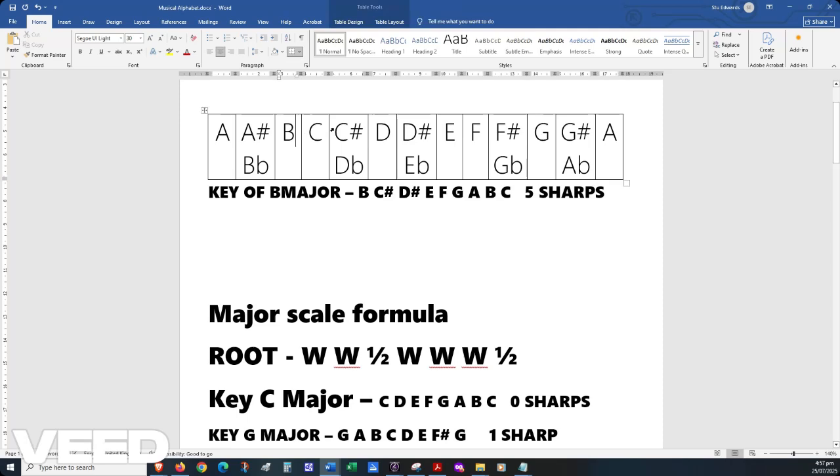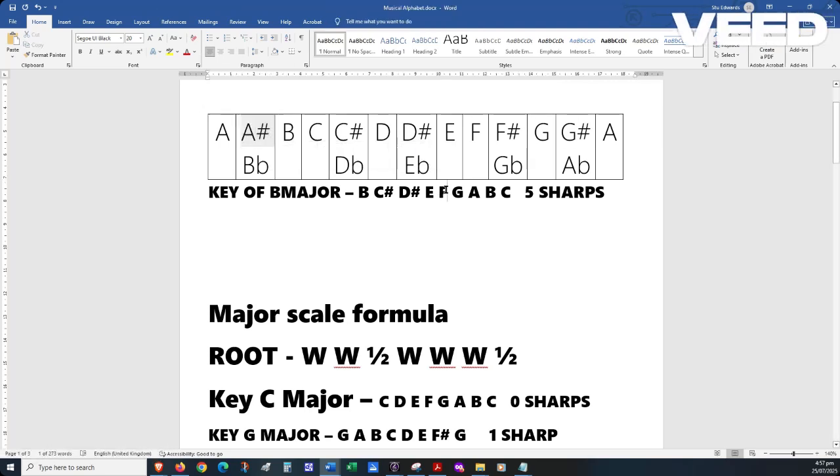So B, whole, half. There's our E. Now remember we've got 3 whole steps to do. Whole, past the A, another whole. So F sharp, G sharp, A sharp, and then back to B.